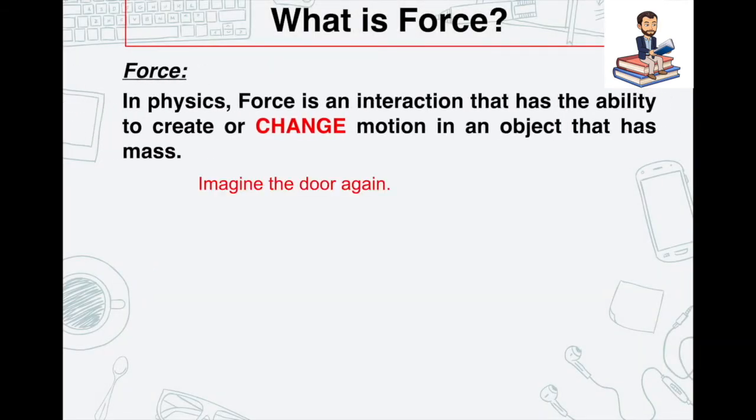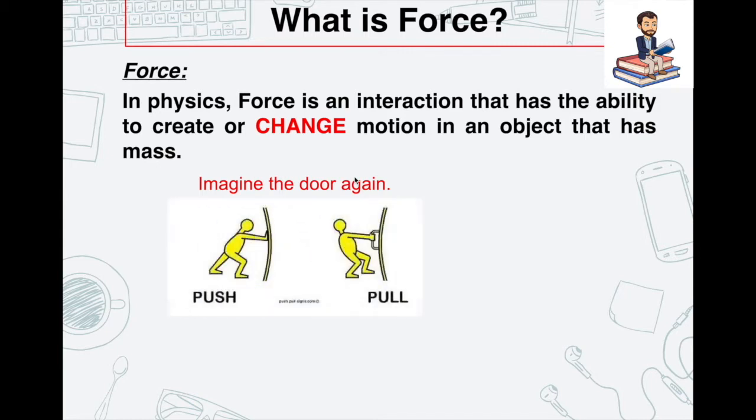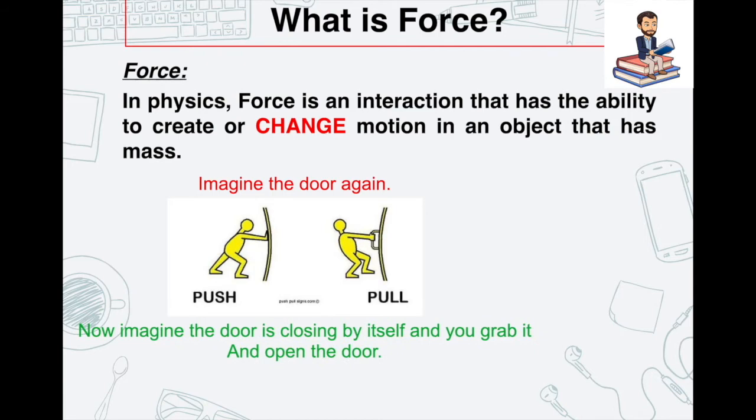Now I want you to focus on this word here. In physics, force is an interaction that has the ability to create or change motion in an object that has mass. So let's bring the doors back. Now imagine the door is closing by itself, like there's a gust of wind and the door is slowly closing.